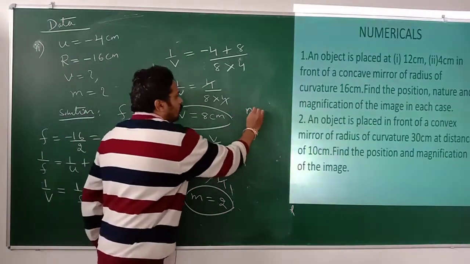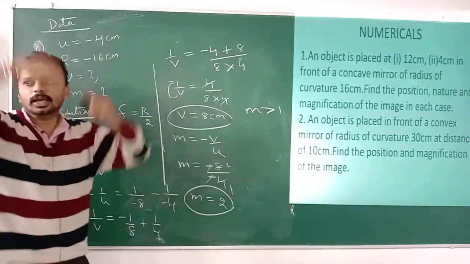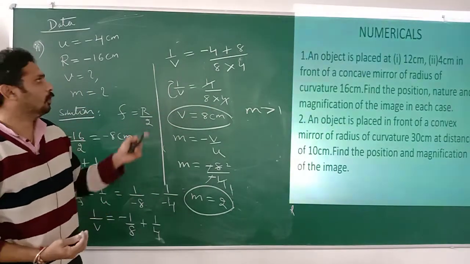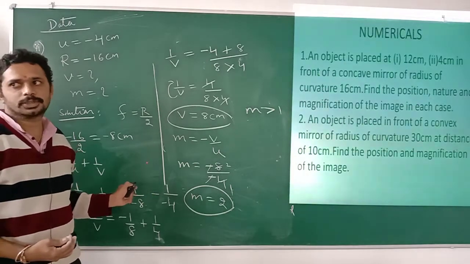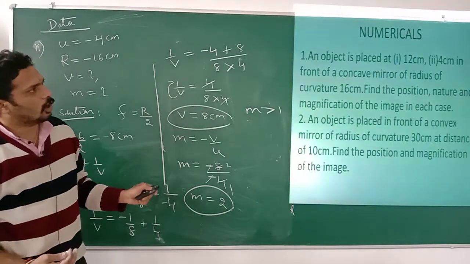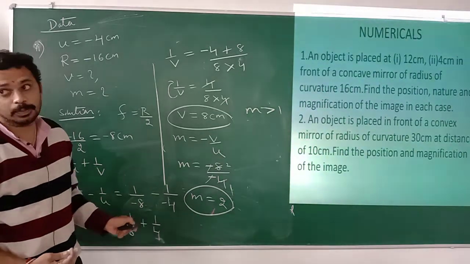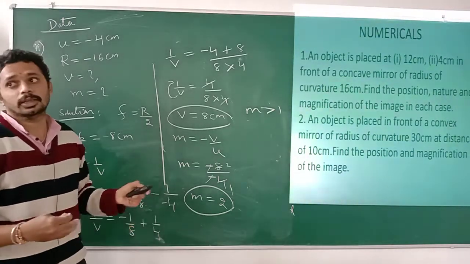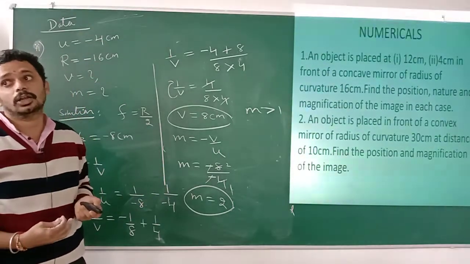Here M value is greater than 1. M greater than 1 means enlarged image. Therefore, in concave mirror, the object distance at 12 centimeter, we produced real and inverted image. The object distance is at 4 centimeter, we got magnification plus 2, greater than 1. This shows we got the virtual and enlarged image.